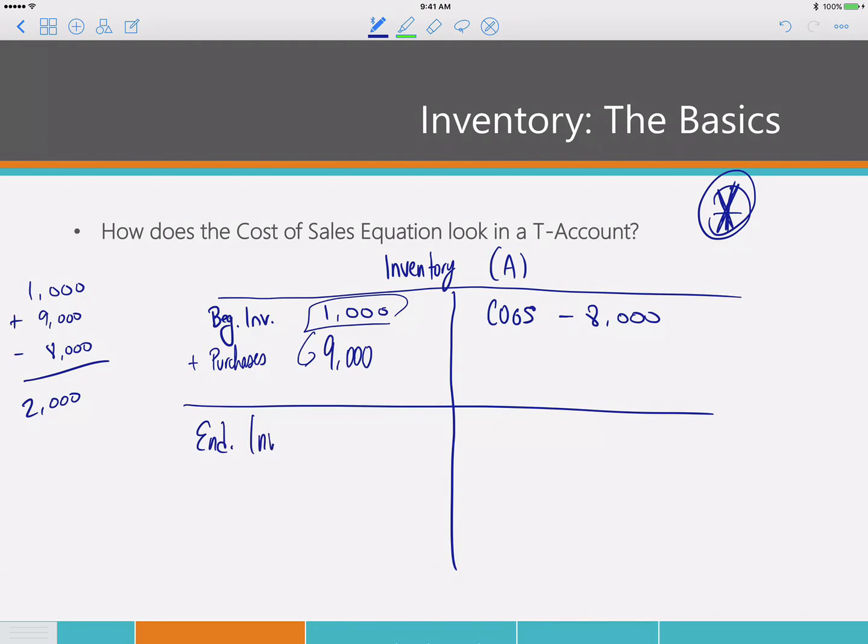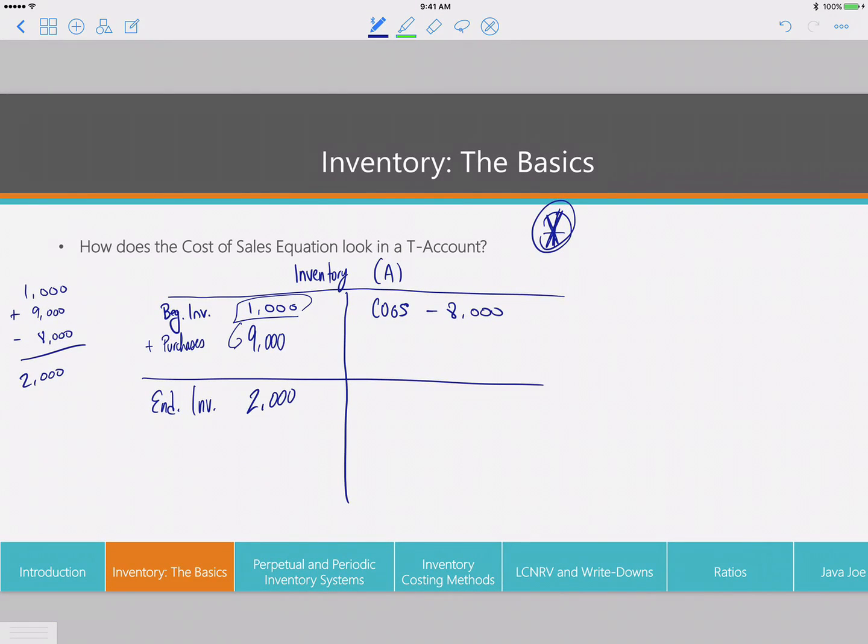And that's our ending inventory. So it's just important to understand this because if you know 3 of the variables, you can plug in for anything else. If you knew what your purchases were, you know what your COGS, if you knew 3 of the 4, you can figure out what the 4th one is. And often on the exam, you'll have to use that logic and understand how the T account works to figure out the missing variable.